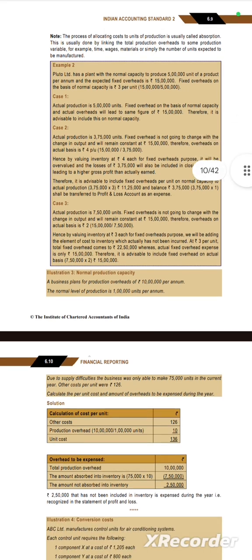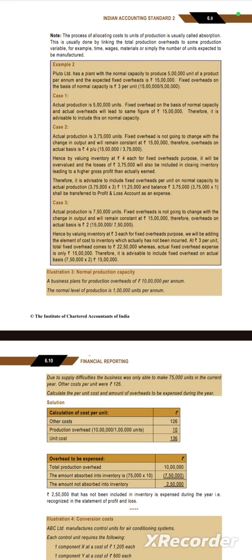But in the second case, the actual production is quite less as compared to the plant capacity, 3,75,000. In that case, we first calculate the overhead on the basis of actual. Always we have to take the higher of normal and actual, whichever is higher.